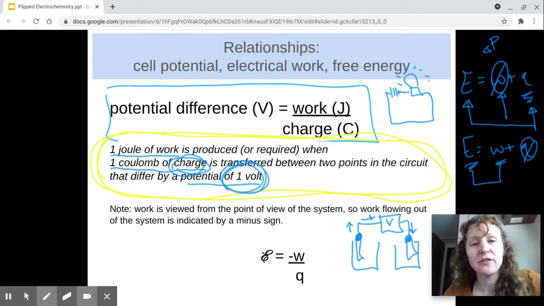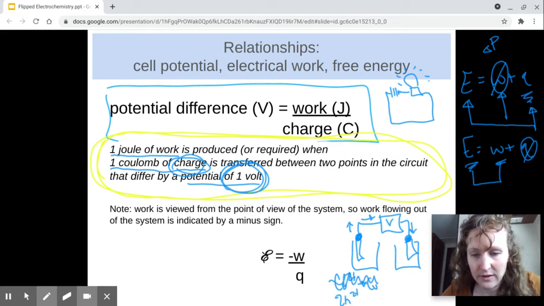So how do they differ by a potential of 1 volt? Well, remember, if we have one reaction here, whatever our reaction was, something like this. I think it was actually the opposite. Okay, so there's our reaction, and remember, they come with voltages for the half reaction.